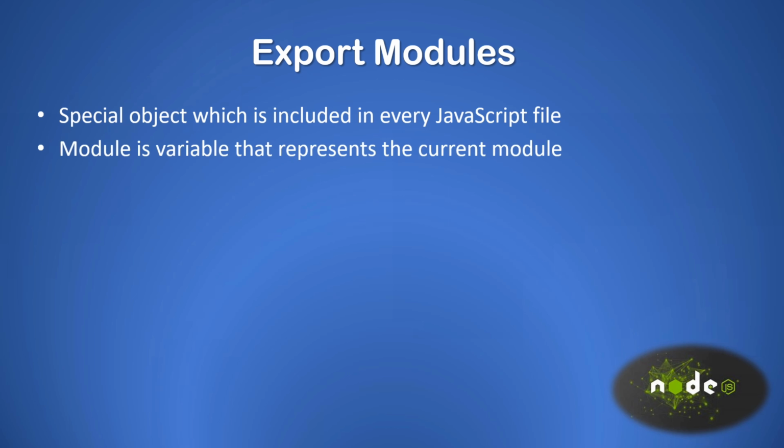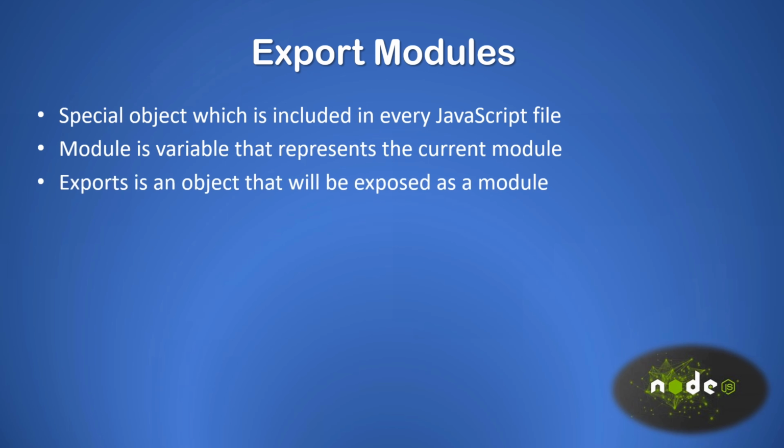Module is a variable that represents the current module, and exports is an object that will be exposed as a module. So we have this module.exports, where module is a variable, and exports is an object that is going to be exposed outside.